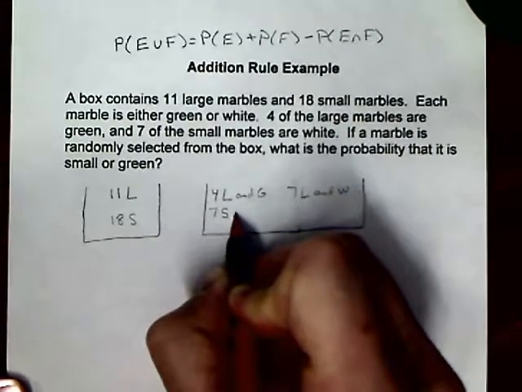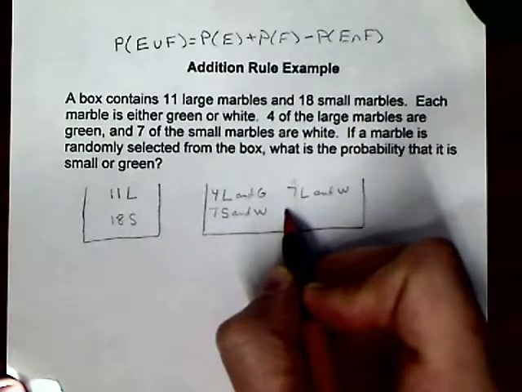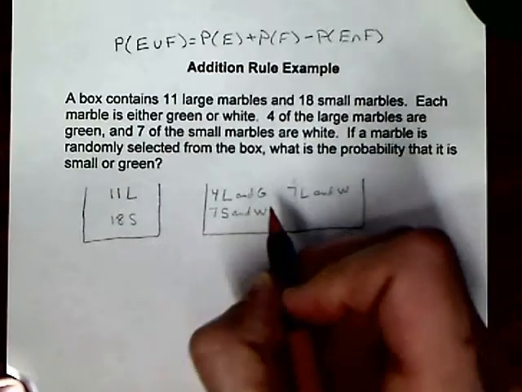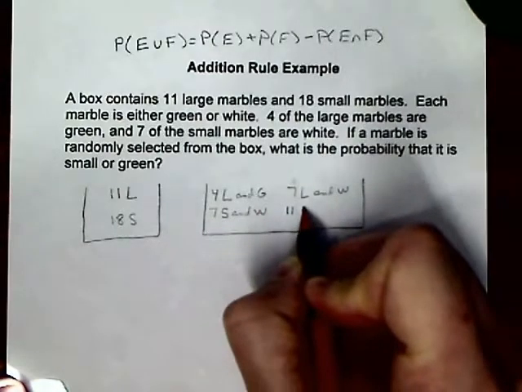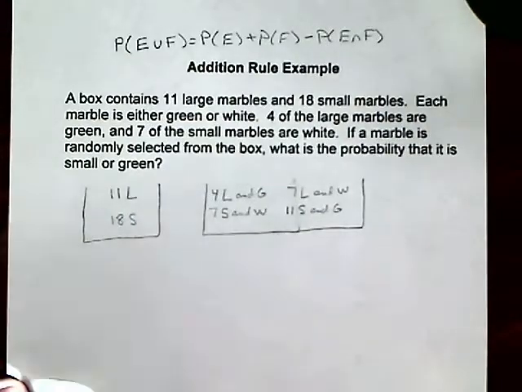So I've got 7 that are small and white. And so if 18 are small, 7 are small and white, that means 11 are small and green. Okay, so I've got that information partitioning out this box in terms of the colors and size of the marbles.